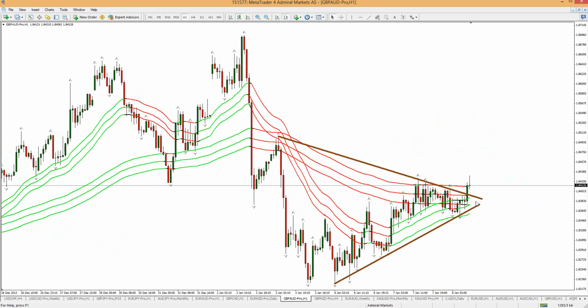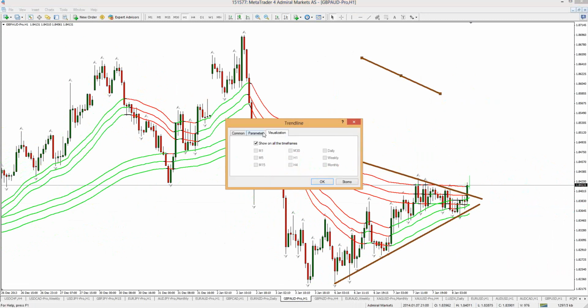Mason, what do you mean with the limited length trend line? I think these trend lines that I draw have a limited length. Or not? Oh, I know what you have to do.